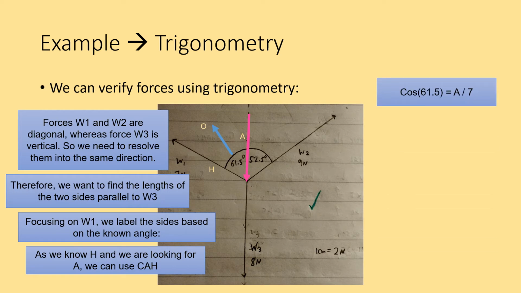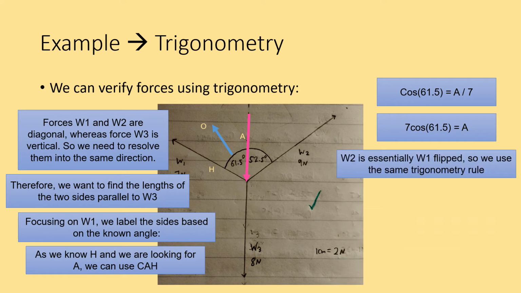So cos 61.5 gives us the adjacent divided by 7, because remember a force is F cos theta in this example. So therefore 7 cos 61.5 will give me the magnitude of that adjacent.